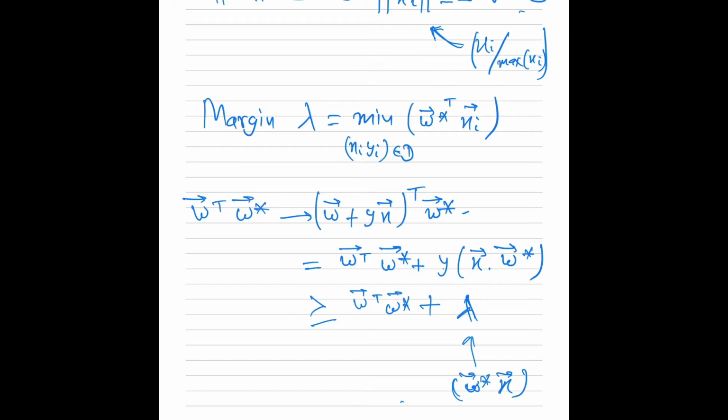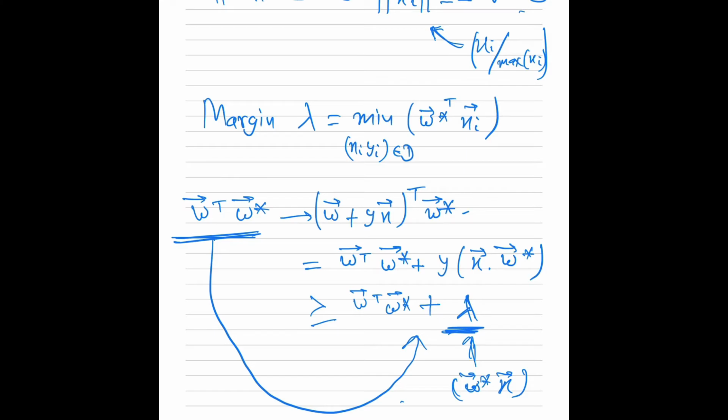On making an update, the inner product of the hyperplane we are looking for, w star, with the current hyperplane grows by at least lambda. We can see that after the update our w transpose w star increases by at least lambda. It is a concrete number and not some function.